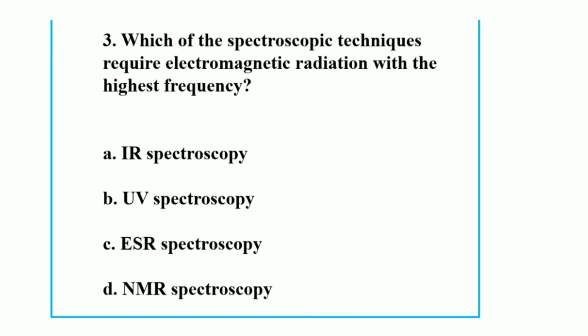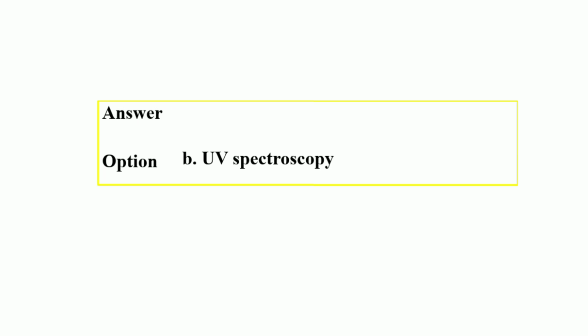The energy of UV light is sufficient to excite electrons to higher energy levels, which is essential for probing the electronic structure of molecules. The correct answer for the question, option B, UV spectroscopy.